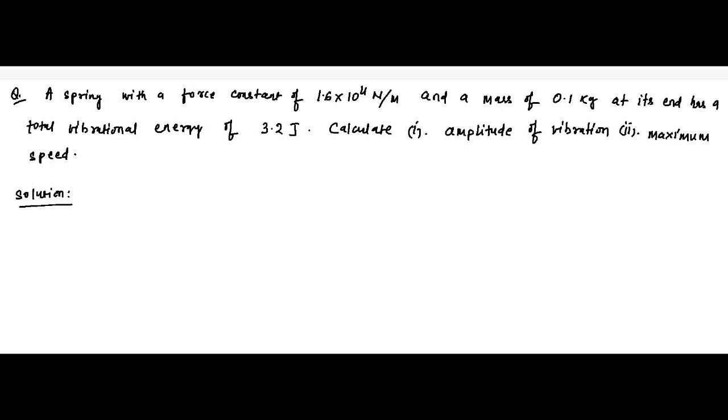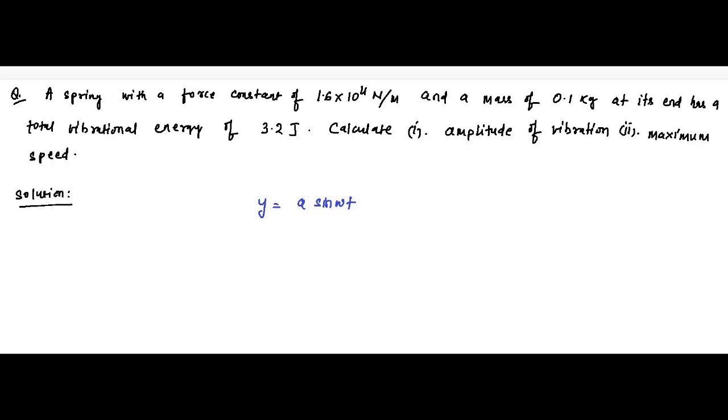First, for the spring and mass arrangement undergoing SHM, let us write the SHM equation. Let it be A sin ωt, since there is no initial phase angle information.